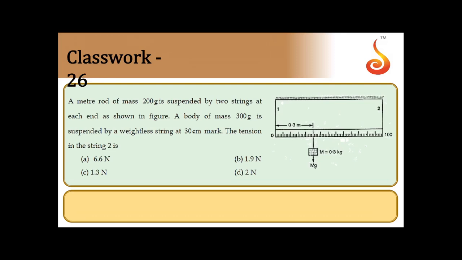A meter rod of mass 200 gram is suspended by 2 strings at each end as shown in figure. A body of mass 300 gram is suspended by weightless string at 30 centimeter mark. Tension in the string 2 is.